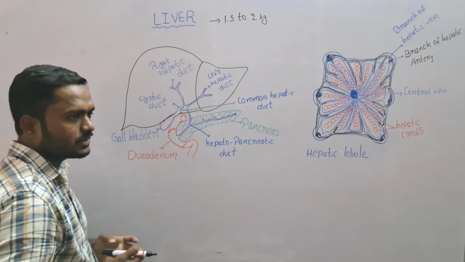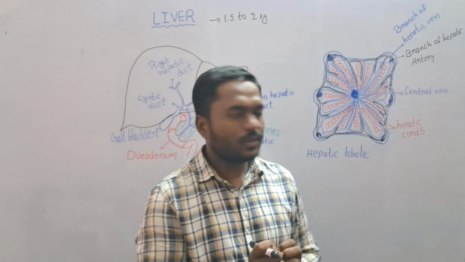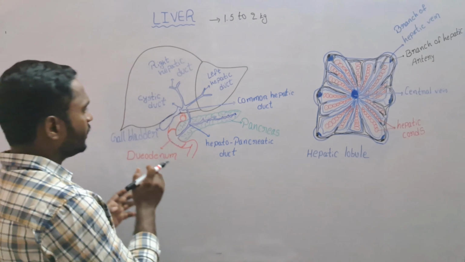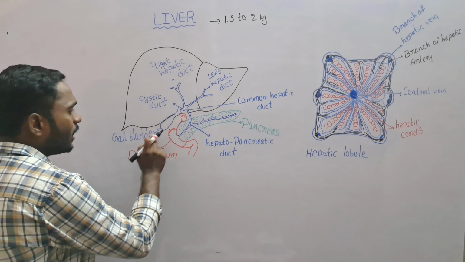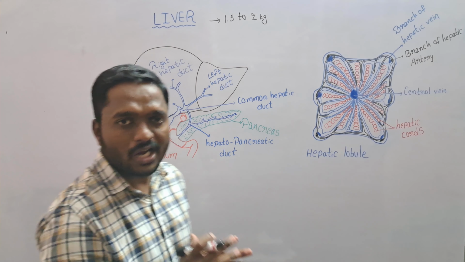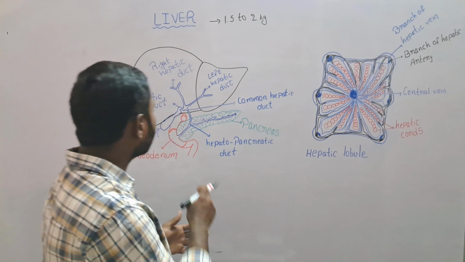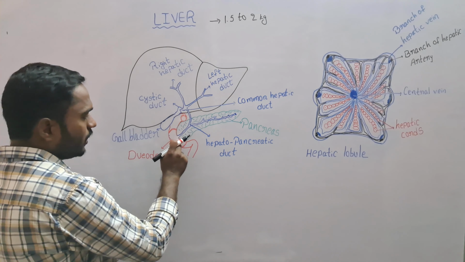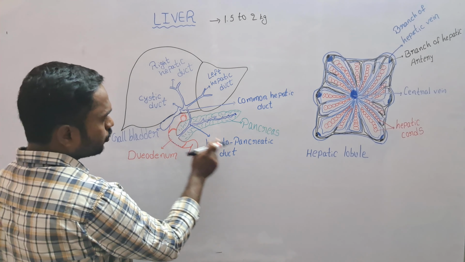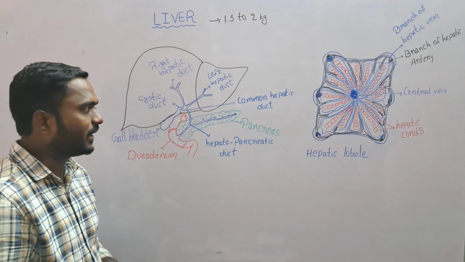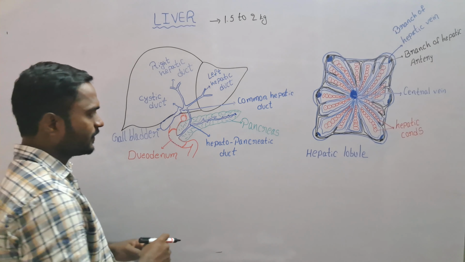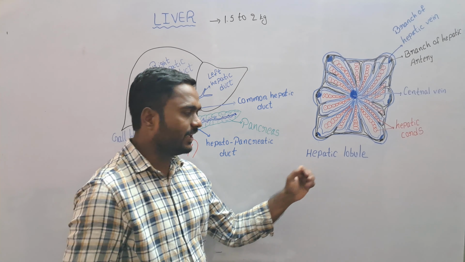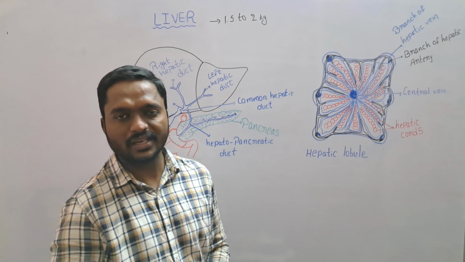The gallbladder stores the bile juice temporarily. When the gallbladder contracts, bile juice enters the duodenum through the hepatopancreatic duct. Here we can see the hepatic lobule's internal structure.